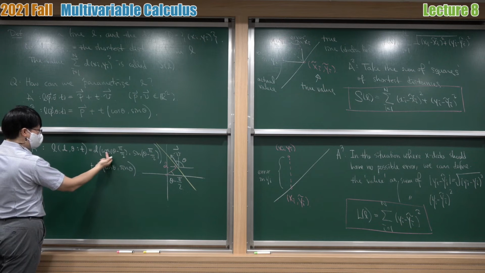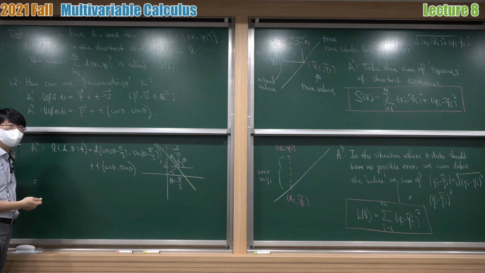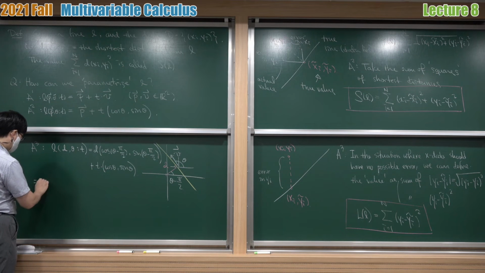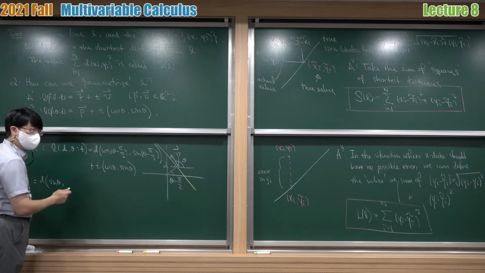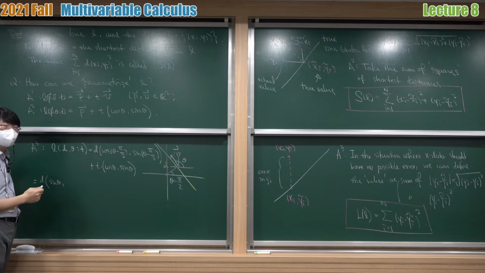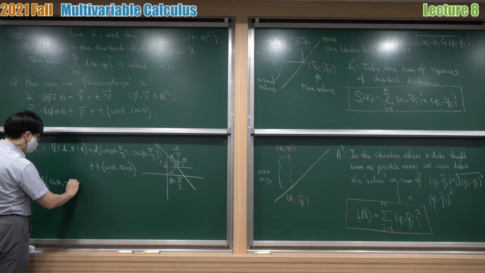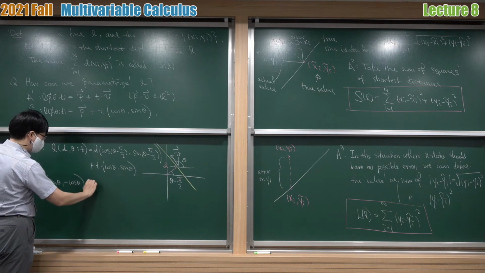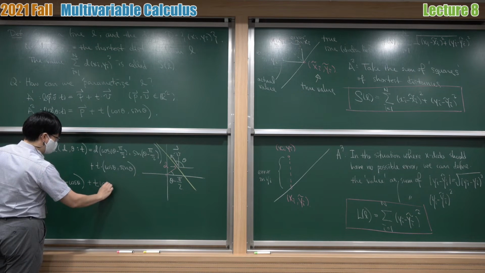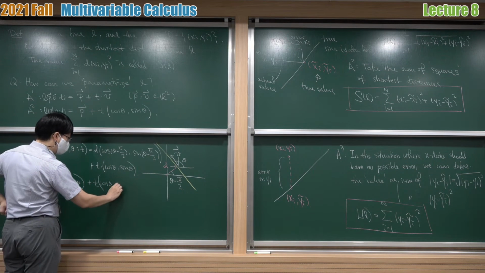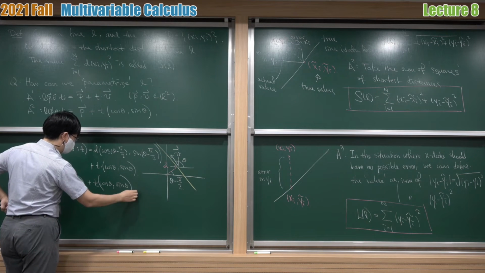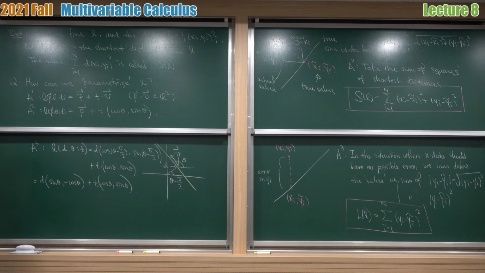What's equal to cosine(theta minus pi over 2)? Sine theta. And how about here? Cosine or minus cosine? Minus cosine. So minus cosine, plus t cosine theta, sine theta. Okay, so we have a parametric equation.